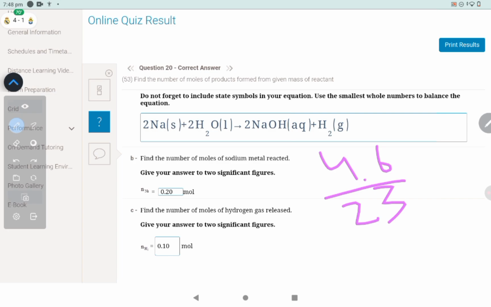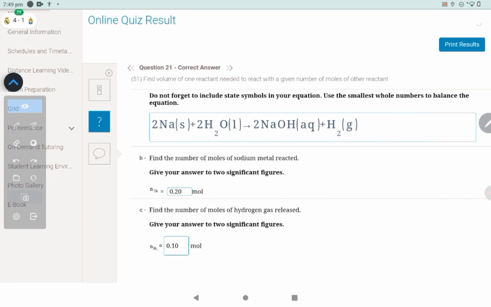Yes, okay, number of moles of hydrogen gas released, we're going to be using MCR. So it will be 2 to 1. It's 1 here and 2 here, so 0.2 here. When you cross multiply, you get 0.1 here. Yes, that's it for this one.